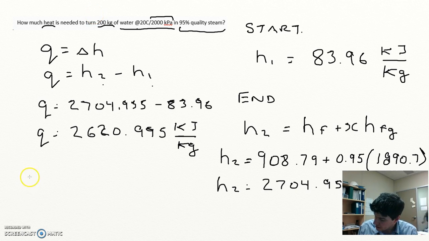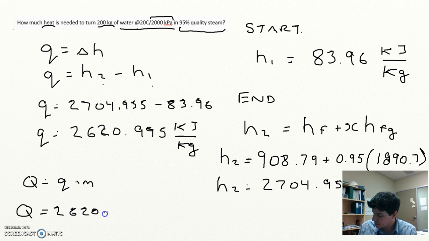So in that case, capital Q, the total, would be equal to little q times my mass, 2620.995 times 200 kilograms, which would be equal to 524199 kilojoules.